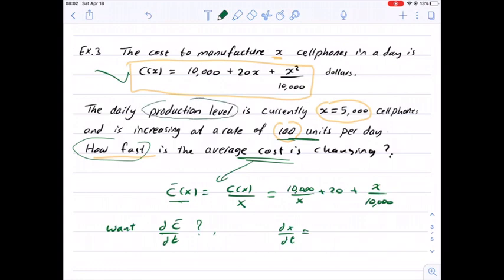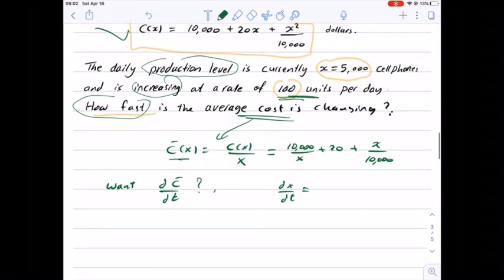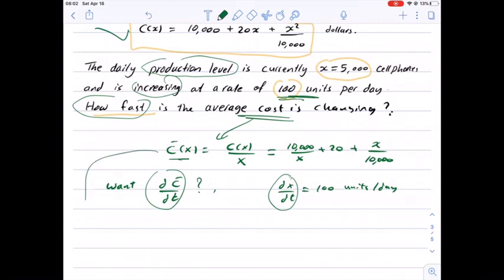Here we read that the daily production level x is increasing at a rate of 100 units per day. So dx over dt is 100 units per day. Now we have two quantities, dx over dt and dC bar over dt. We need to find the derivative of this. So dC bar over dt is equal to, what is the derivative of this right hand side?